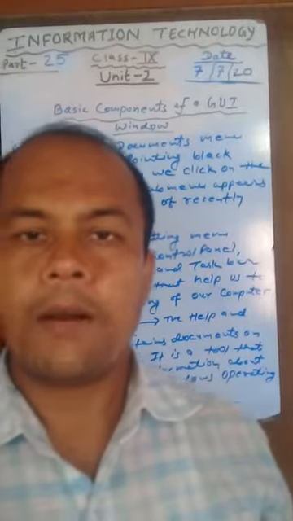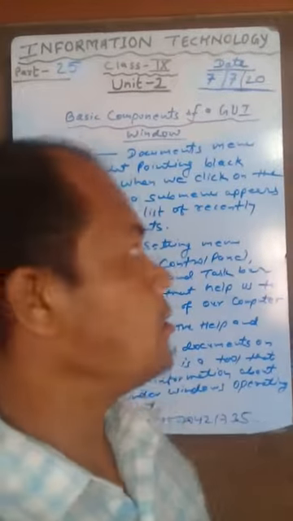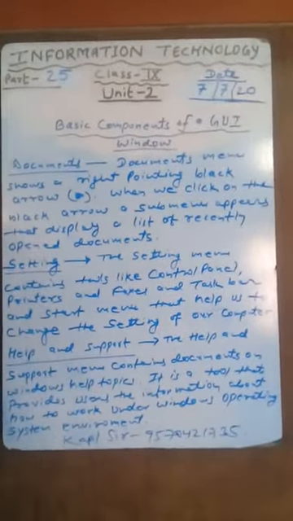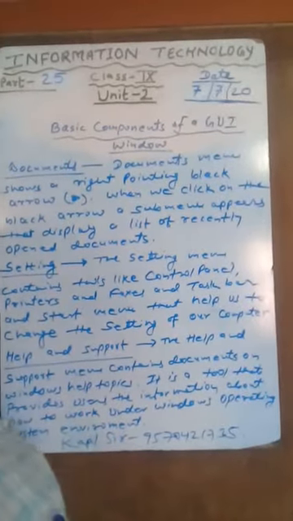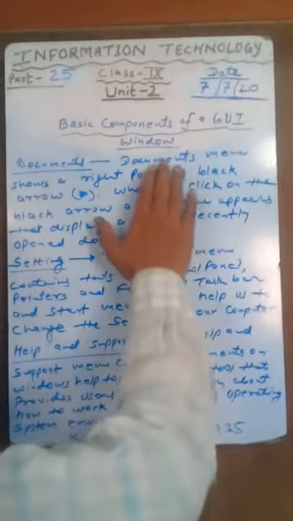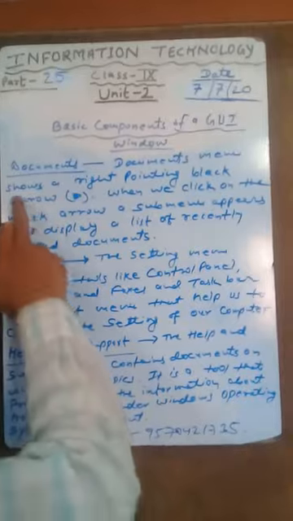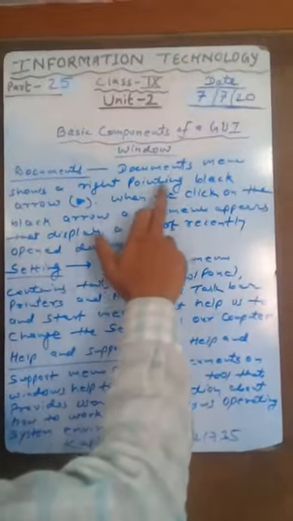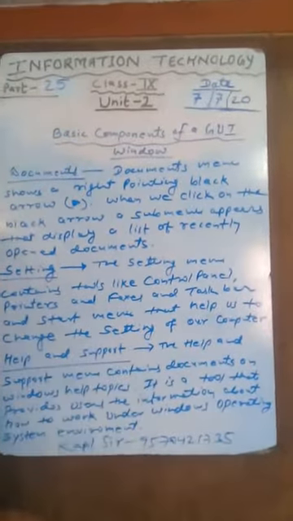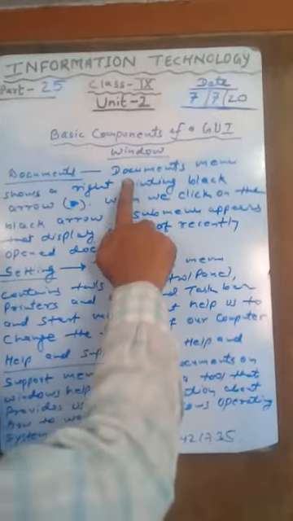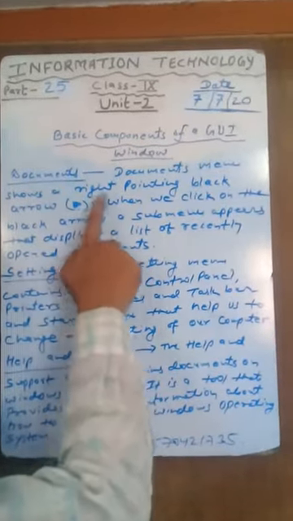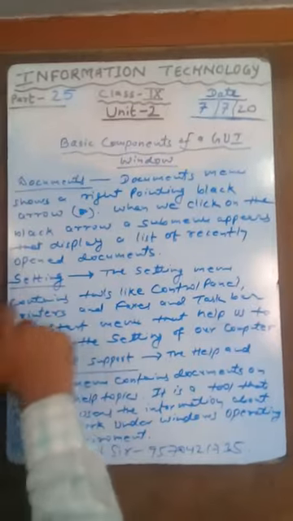Now our next point is Documents. What is Documents? The Documents menu shows a right-pointing block arrow.